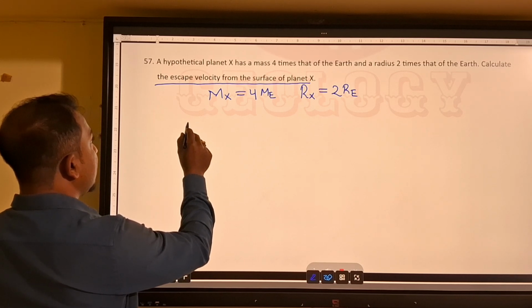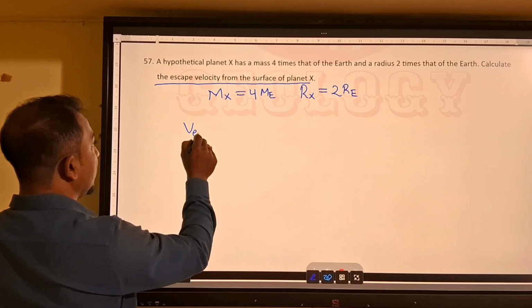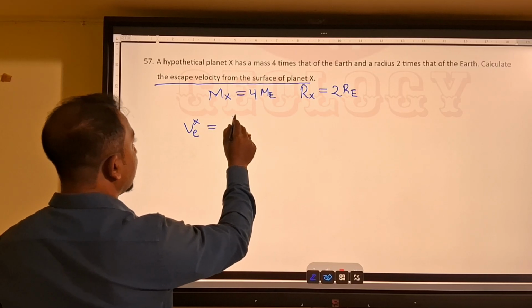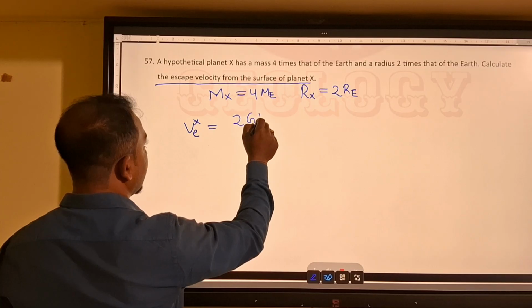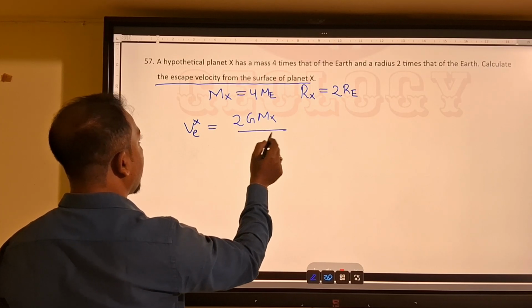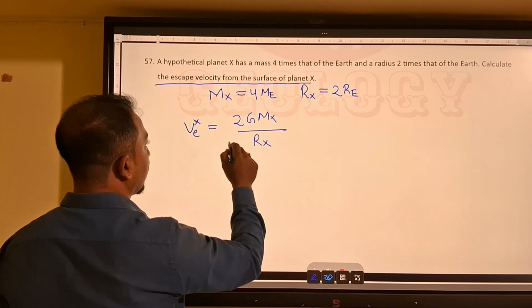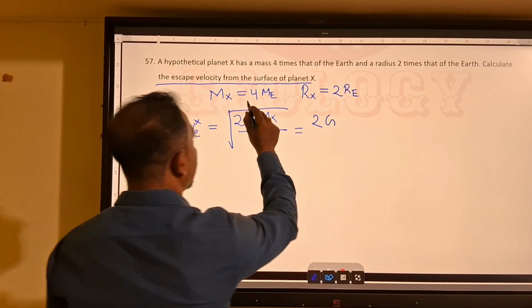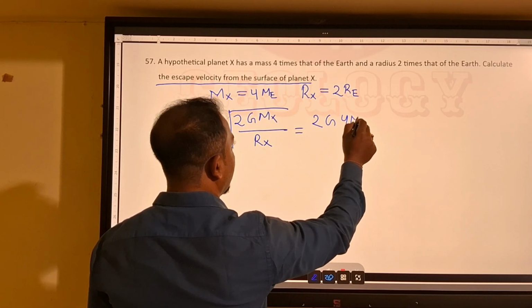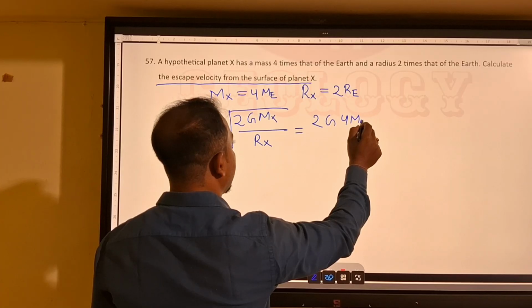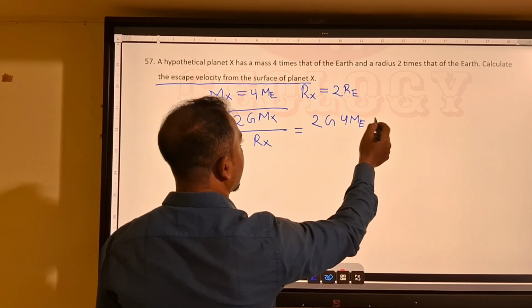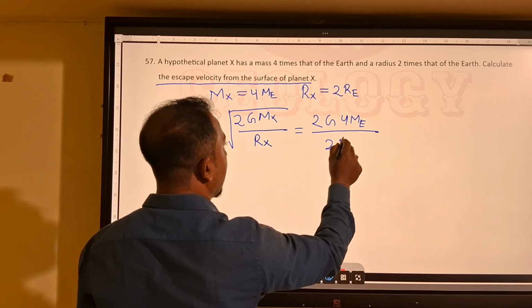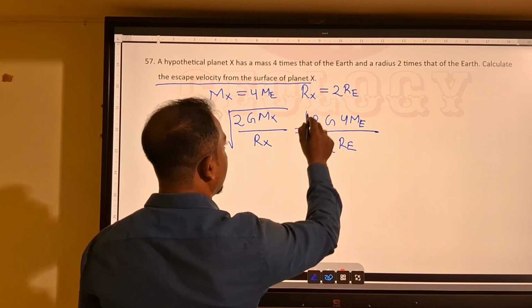So the formula is, suppose escape velocity of planet X will be root over 2 g mx divided by rx. So we'll put mx equal to 4 me, divided by rx equal to 2 re, root over.